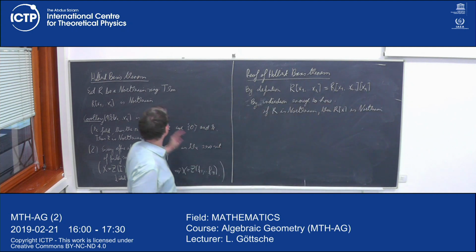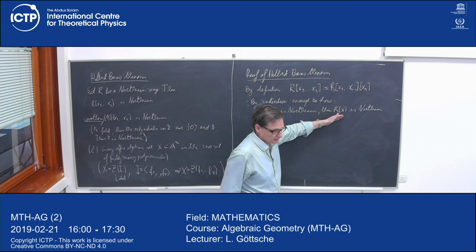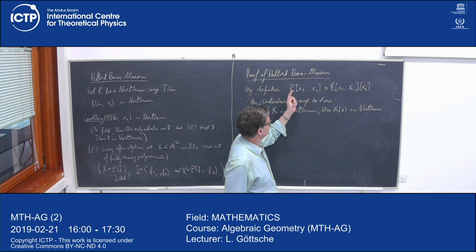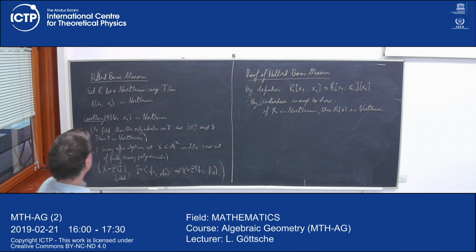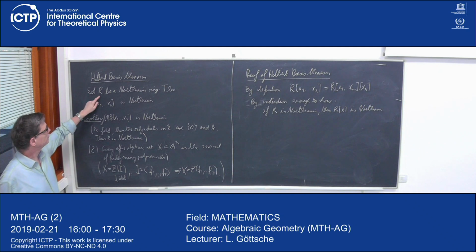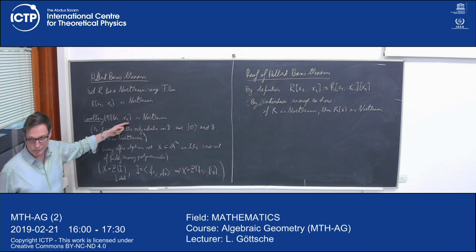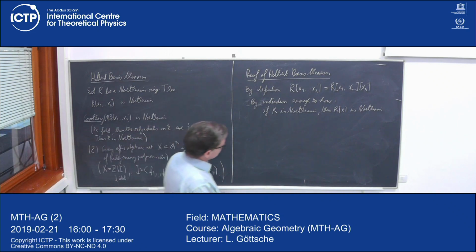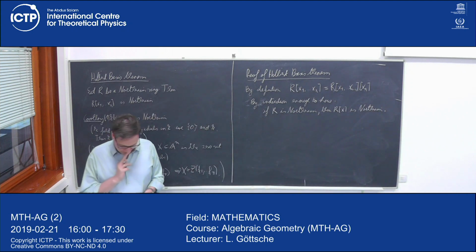Because we know our original R is Noetherian, and this allows me to go from R to R[x1], R[x1,x2], and so on. So this is also the reason why we want to generalize here. This makes it easier to prove it with R instead of with K, because like this we can make induction over n. For K[x1,...,xn] we wouldn't know how to do induction. So we have simplified by generalizing it.